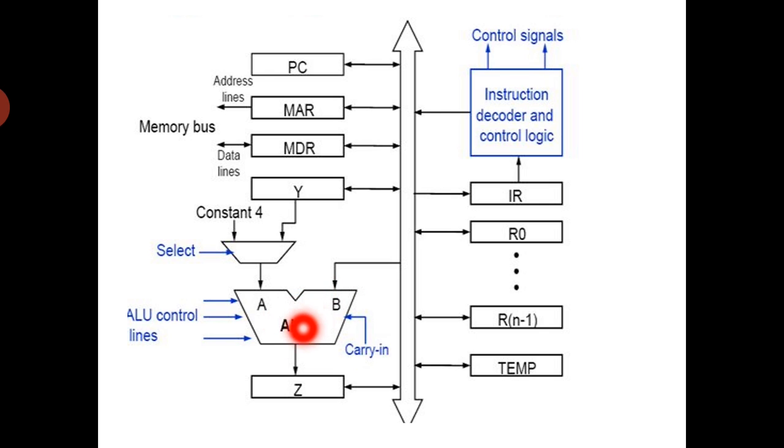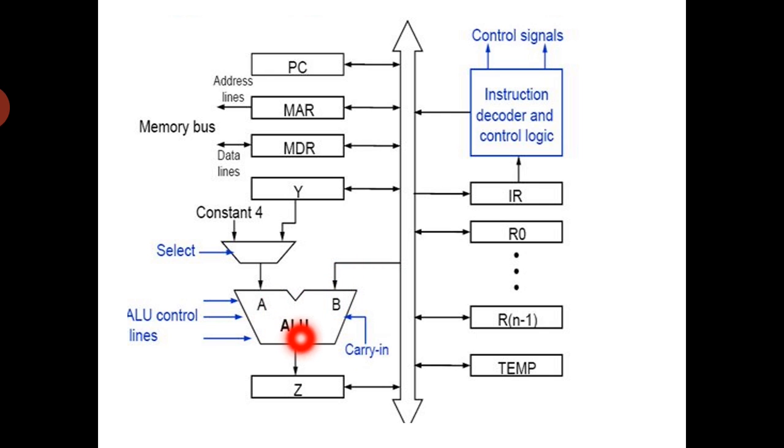See here, one of the operands is the output of the multiplexer. The ALU has two operands, A and B. Among these two operands, one operand comes from the two input multiplexer, and the other operand, B, comes directly from the bus.